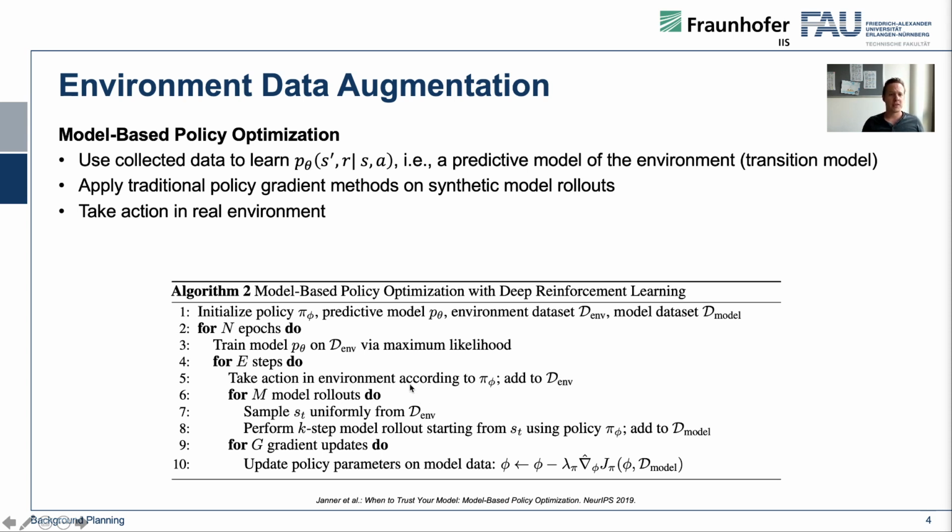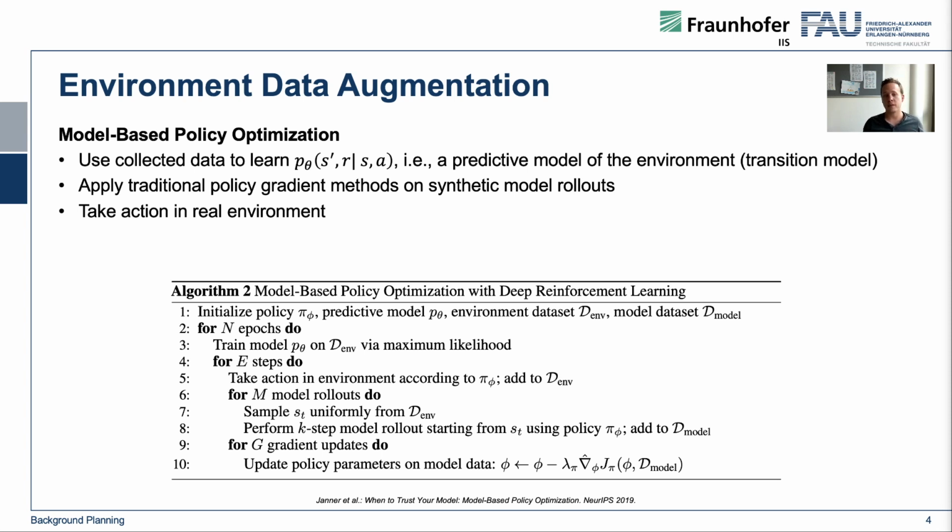So what we do is sample a uniformly sampled state ST from our environment data set, and from there we perform a k-step model rollout starting from ST using our policy pi phi. So actually we use our trained model and start running it, and all the data we gather using our policy, we just append to our model data set.